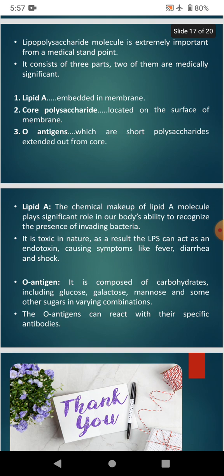Lipid A. The chemical makeup of lipid A molecules plays a significant role in our body's ability to recognize the presence of invading bacteria. It is toxic in nature. As a result, the LPS can act as an endotoxin, causing symptoms like fever, diarrhea and shock.